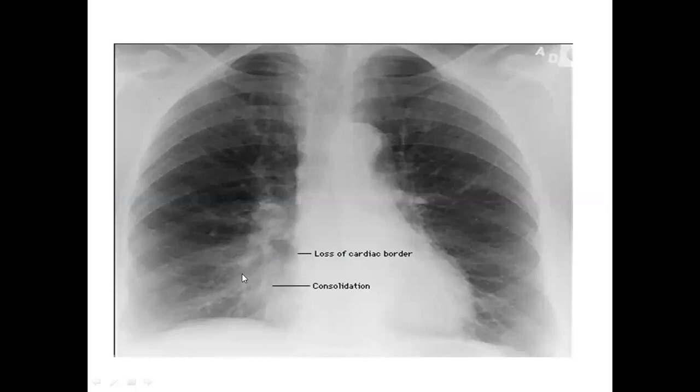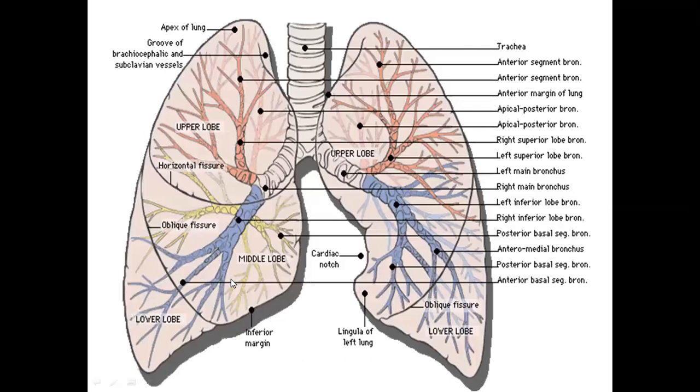That means there is some underlying pathology. This is consolidation, where the lung has become hardened because of some infection like tuberculosis, bronchitis or bronchiectasis, infections which cause the lungs to become solid. You call it consolidation.